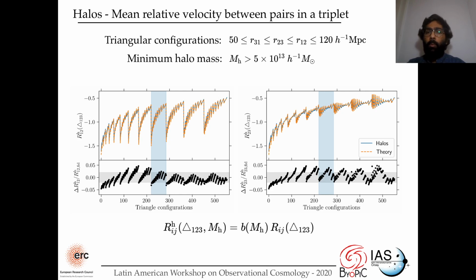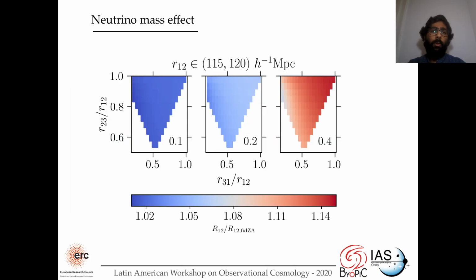However, in this work we wanted to quantify the information content by pushing to nonlinear scales. Hence, directly using Quijote is quite useful. Just to show how neutrino mass affects this relative velocity statistic between pairs in a triplet: the color corresponds to the ratio of R12, which is the relative velocity between pair 1 2 in the triangle 1 2 3.